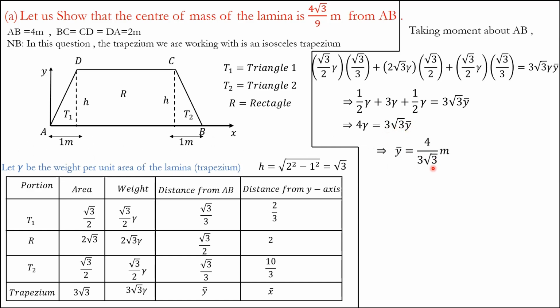We can therefore conclude that y bar, the distance from AB of the lamina, is equal to 4 divided by 3 square root of 3 meters. When you multiply top and bottom by the square root of 3, we have y bar equal to 4 times square root of 3 divided by 9 meters, which was what was required for us to prove in part A of the question.